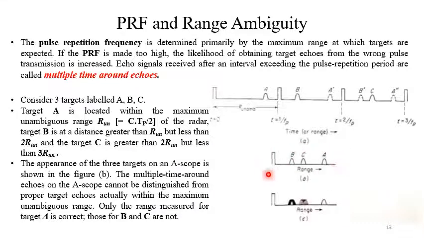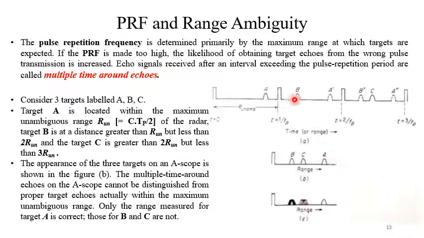So effectively, in a scope display, what we will see is the position of A in its own position. There is no problem because it is within the unambiguous range. So target A will appear here, but observe the position of target B. Target B will appear before target A, because this echo is actually from the previous pulse, right?